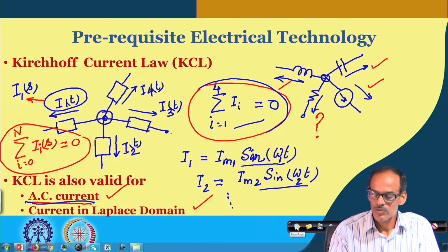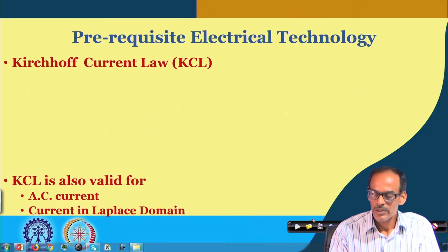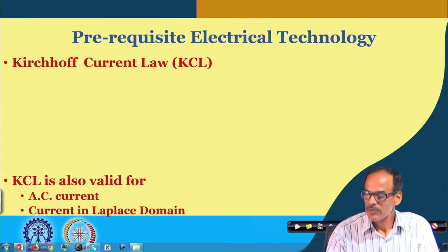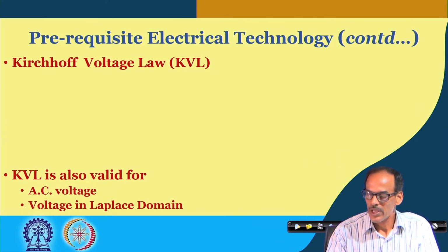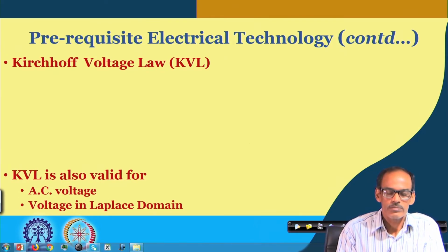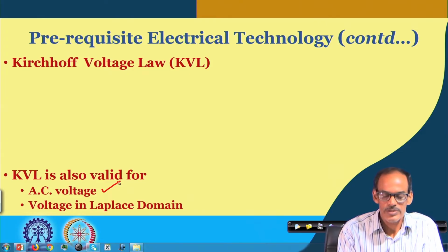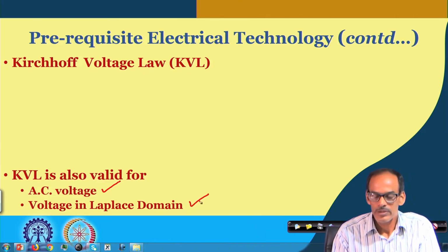Similarly for KVL also, we can deploy KVL for AC signals. In that case, of course, the signal will be voltage, and the signal may even be in the Laplace domain. There also we can use KVL.